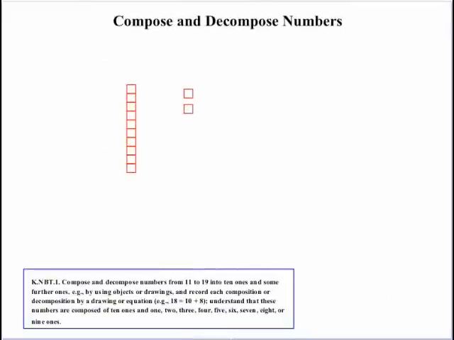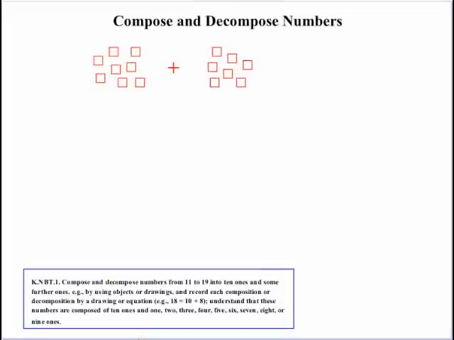And again, going through the process, this would be 12. So again, we want them to rearrange them so that we have 10 ones plus some additional number of ones, which in this case would be 2 more, for a grand total of 12 ones. The standard emphasizes this idea of compose and decompose.